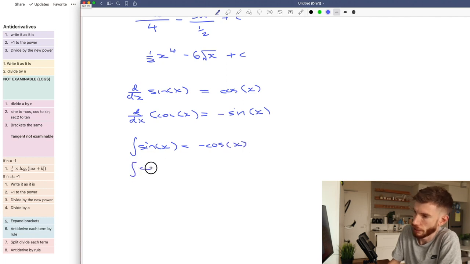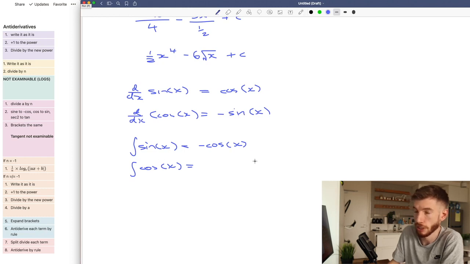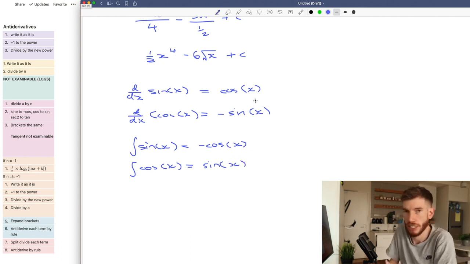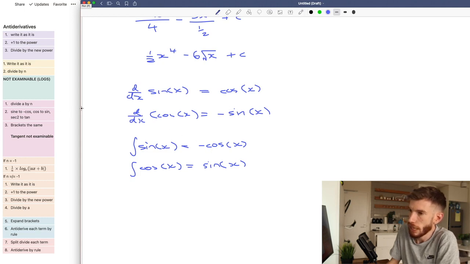And if we integrate cosine of x, that one used to flip in derivatives. Now in the opposites, it's not going to flip. It's just going to go to positive sine of x and vice versa. But obviously there could be transformations applied to them as well. So what we do is we divide by n. So if we have something like a times sine, and we'll do nx plus b, like that, and we want to antiderive that, the first thing we do is divide the n out the front.